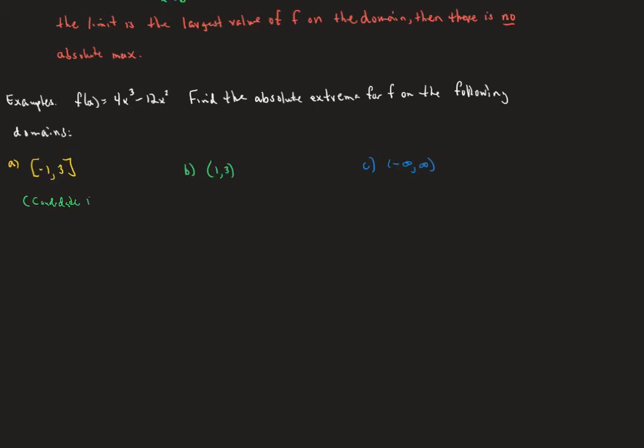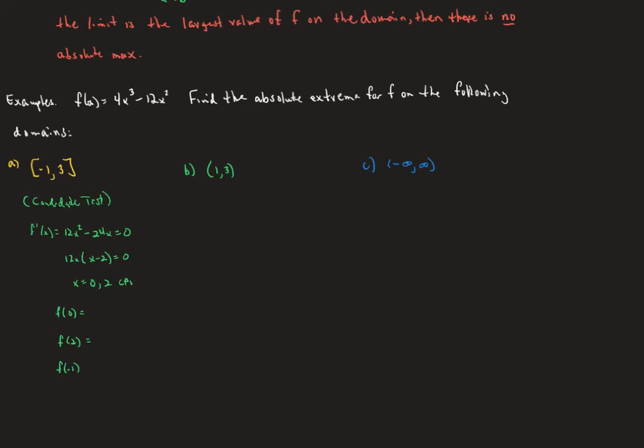So that means we can just take f prime of x, which is going to be 12x squared minus 24x, and set that equal to 0. We can factor out our 12x, and that's going to leave us with an x minus 2. So we have 0 and 2 are critical points. Now we're going to evaluate at f of 0 because that's in our domain. We're going to evaluate at f of 2 because that's also in our domain.